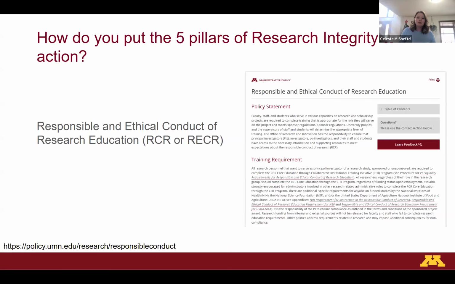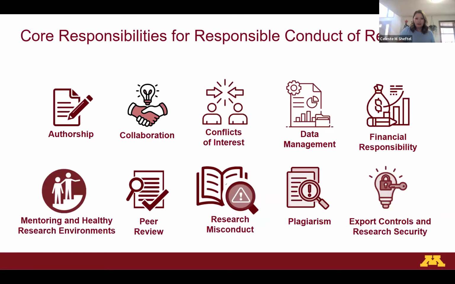As a university, we made a decision that we want everyone to have training in these core responsibilities. The first one is authorship, understanding who deserves to be an author and having authorship agreements and talking about authorship early on in your research career. Collaboration, understanding what everyone is responsible for doing and what the outcome is. Are they going to get publications? Are they going to get presentations and so forth?